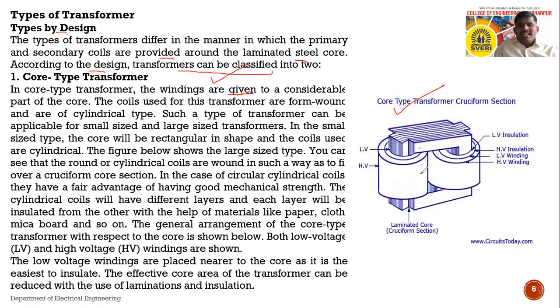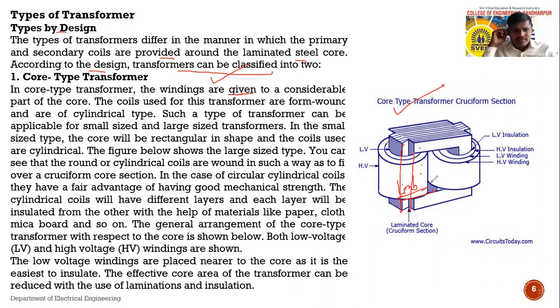In that core type transformer, some part of the core is encircled by the winding. Suppose this is a transformer. This part of the core is called a limb, and the winding is wound around the limb. The winding is wound around the limb.